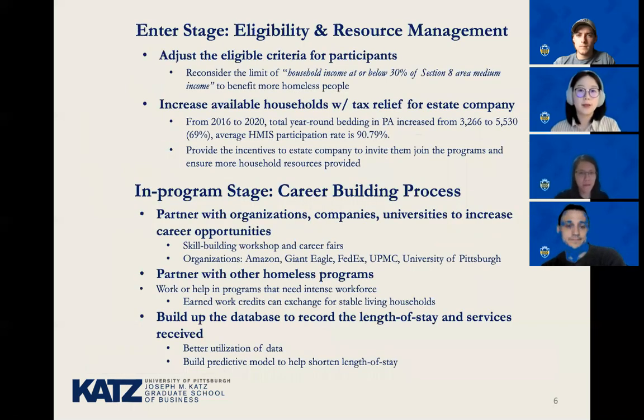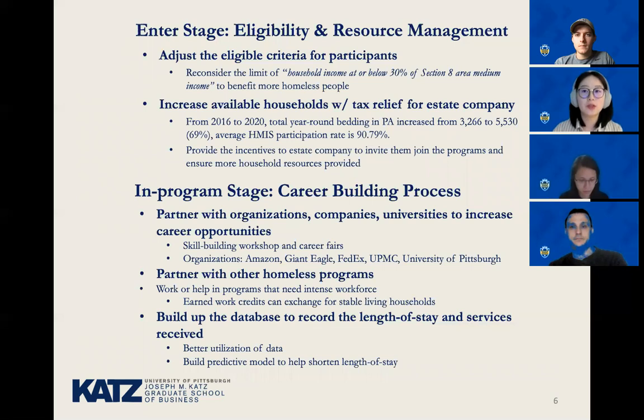Next. Now let's dive down into some details of the solution. For the entering stage of the rapid rehousing program, our hypothesis is that if we loosen that 30% criteria for entering, there will be more homeless people benefited by this program.